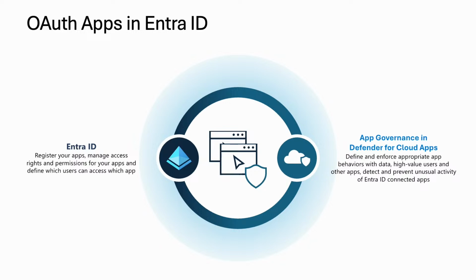But then we want more information, right? We want to see what the application is doing once it's allowed in your tenant, once it's approved, and whether there are any behavior differences. Thanks to machine learning, we can have really good insights here, and control and prevent unusual activity with app governance.